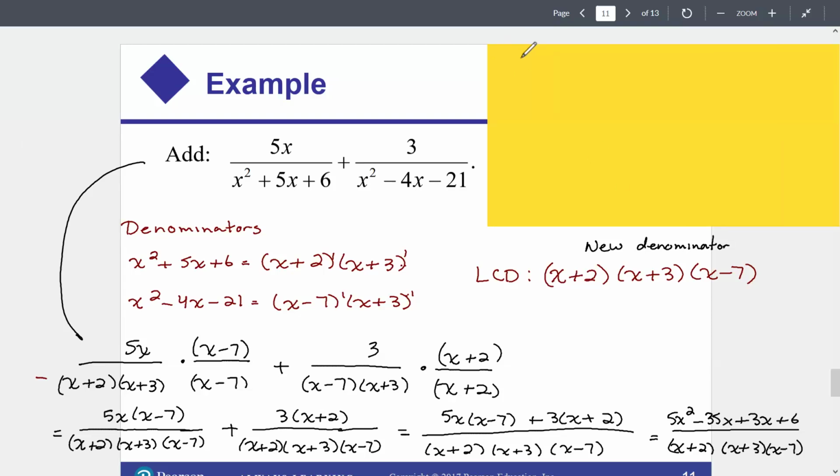So we have 5x squared minus 35x plus 3x plus 6 over (x plus 2)(x plus 3)(x minus 7). Simplifying that top, we end up with 5x squared minus 32x plus 6.